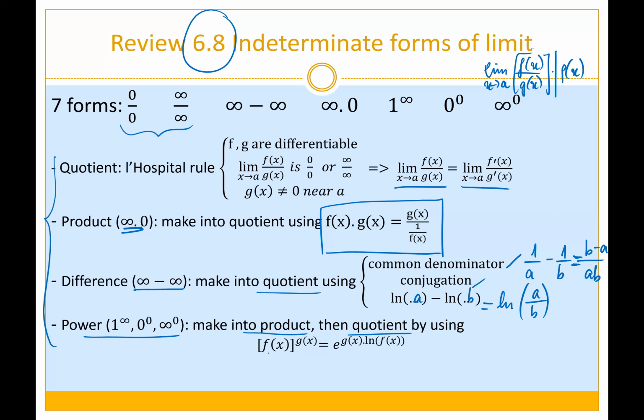Basically you take e to the ln of this thing, and because of the property of ln, when you have something to a power inside the ln, you take that power outside. That's why you get this. With those kinds of manipulations, you can put it into quotients and then use L'Hôpital's rule.